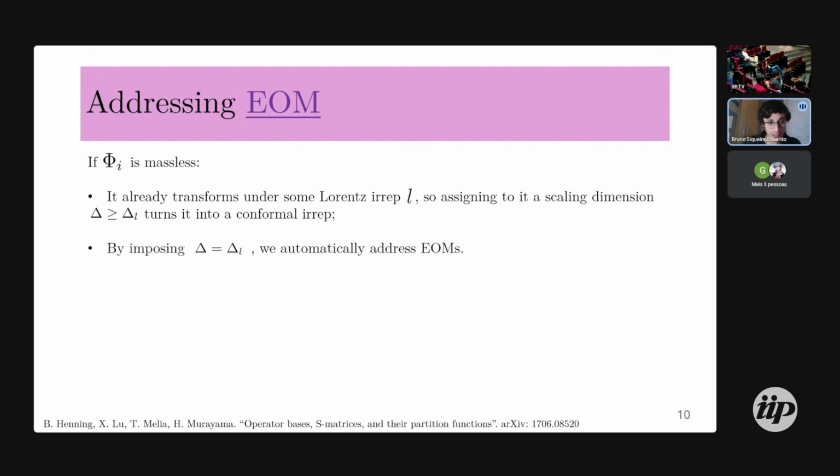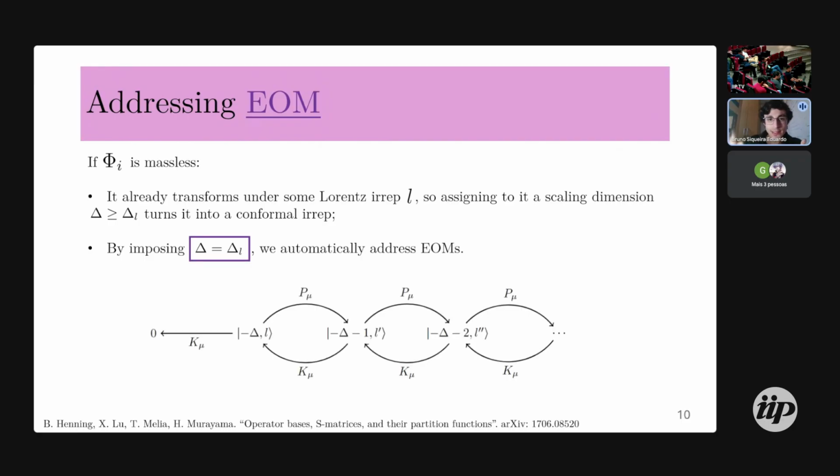And there's another beautiful result that tells you that when this scaling dimension saturates the unitarity bound, you get new states in your representation, and those new states correspond exactly to equations of motion. So that's the recipe for massless fields. It's very easy.